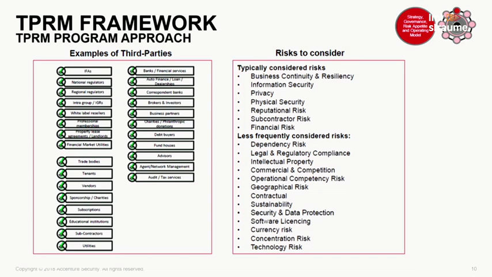Some of the top risks, and these are just to say that when you're defining your framework, you have to ensure that business continuity and resiliency is defined in the process when you are selecting a vendor. So business continuity, information security, privacy, physical security, reputational risks, like we've seen with Thomas Cook, then subcontractor risks and financial risks.